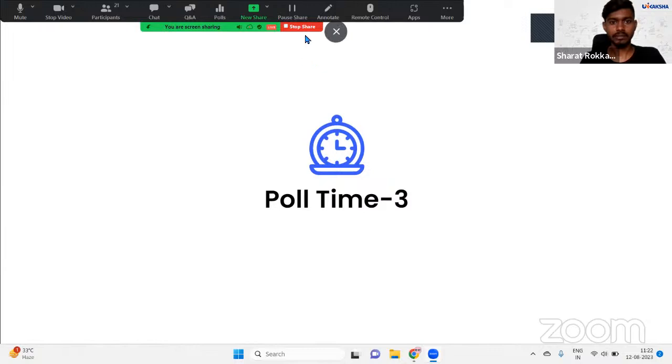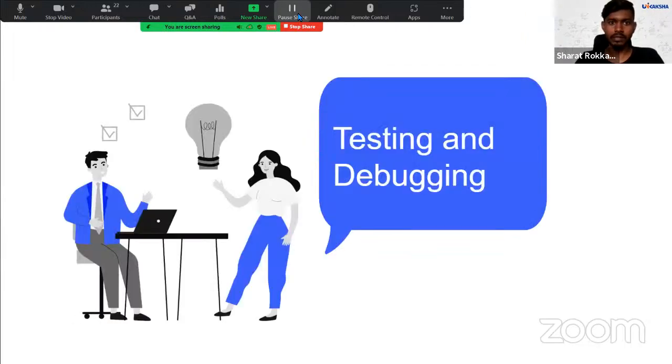Second, give me a second, guys. We need to understand testing and debugging. Yes, guys, we'll be taking all your questions. Once you understand what advanced concepts are, you also need to understand testing and debugging as well.